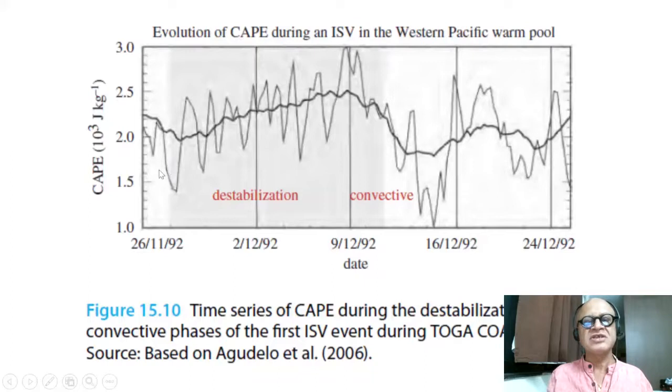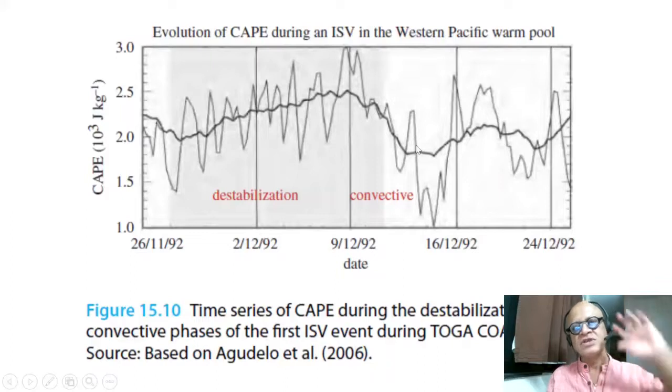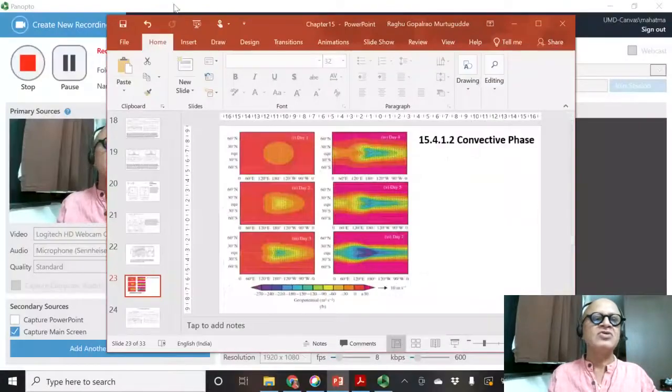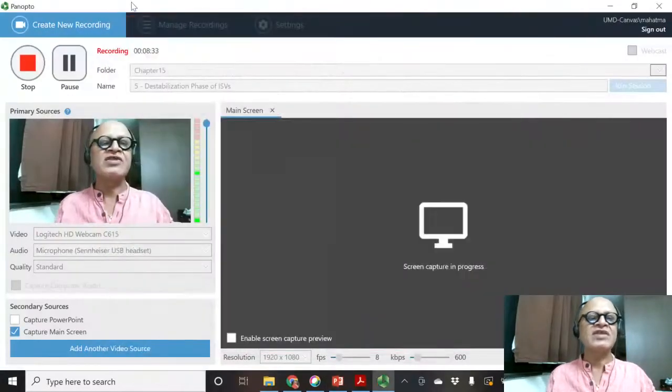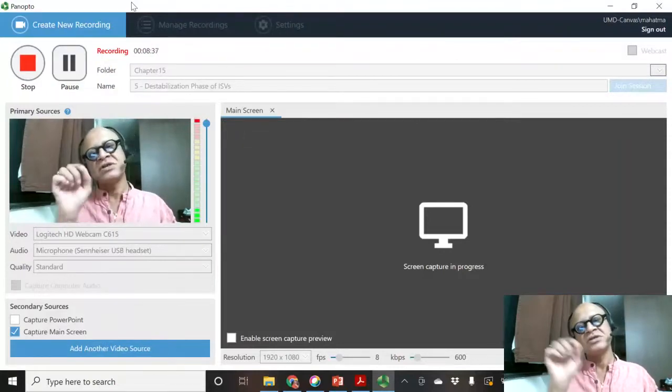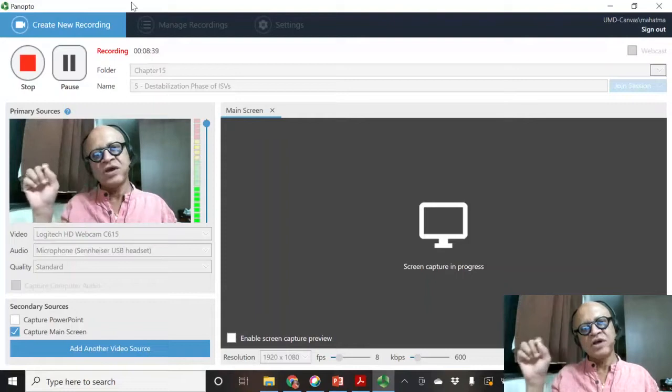So here is again the destabilization phase, buildup of the CAPE, convection removes the instability, converts potential energy into kinetic energy, and then into the restoring phase. Okay, so we'll look at the details of the convective phase in the next podcast, but just listen again and look at the figures again. It's very simple.